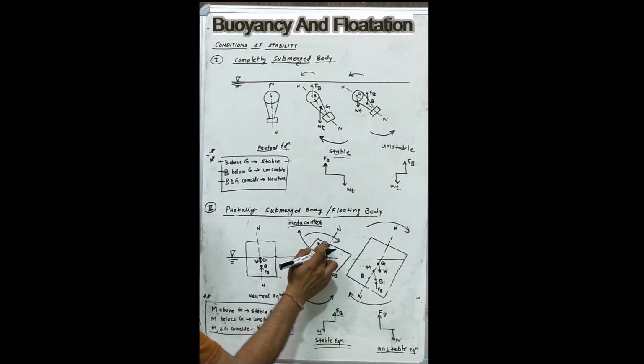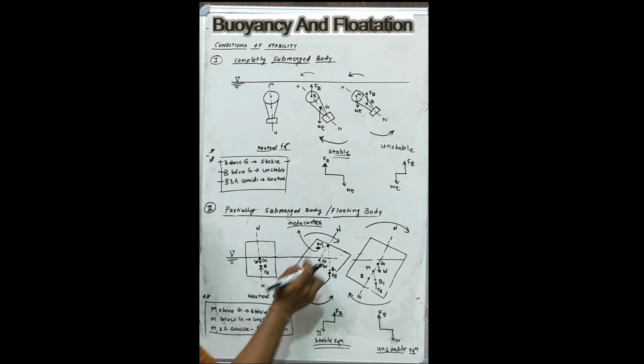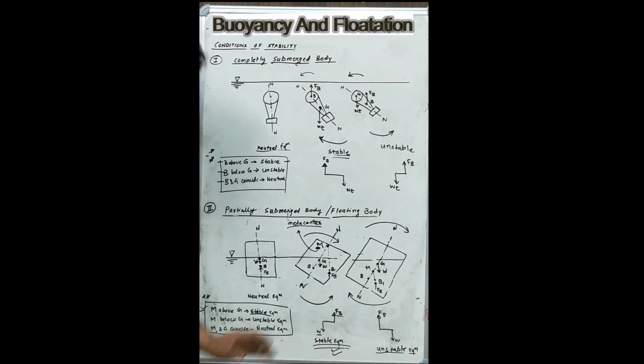Now when the metacenter lies above the center of gravity, it is the condition of stable equilibrium. You can see over here, when the metacenter is above the center of gravity, it is the condition of stable equilibrium.